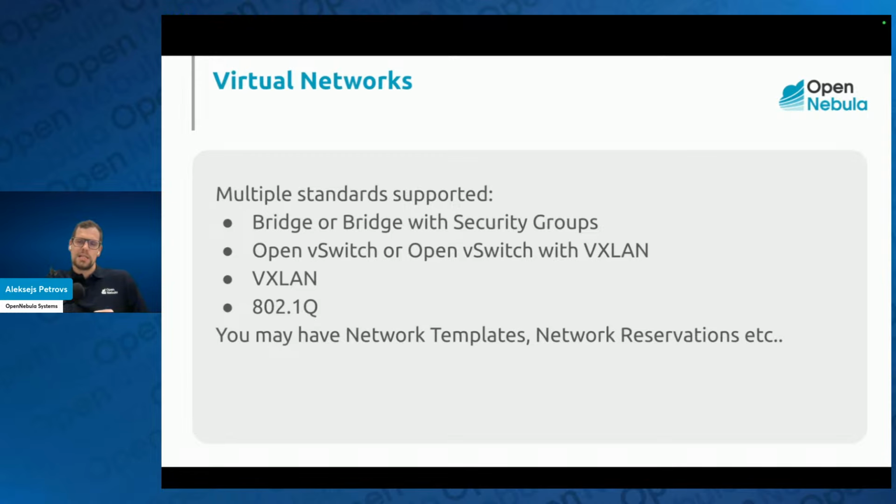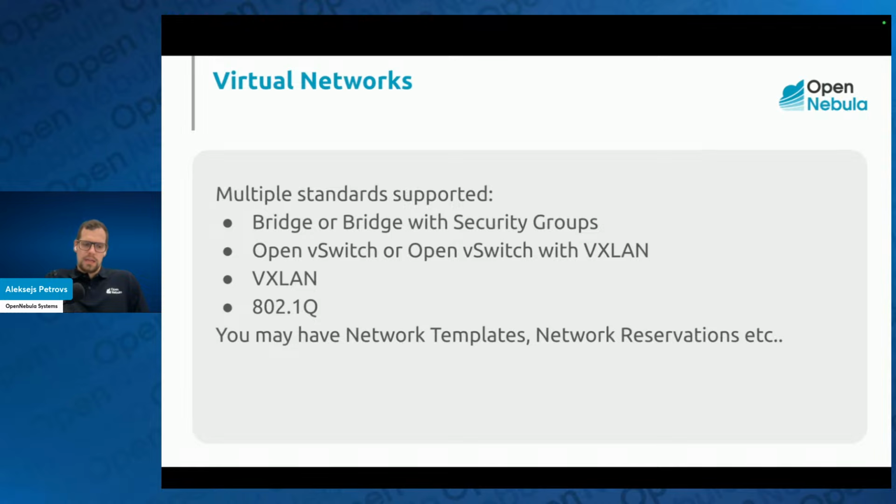So let's take security groups for a minute. Security groups is the functionality of a firewall that will be performed by the host, so by the hypervisor. This functionality is going to use iptables to filter out the traffic.